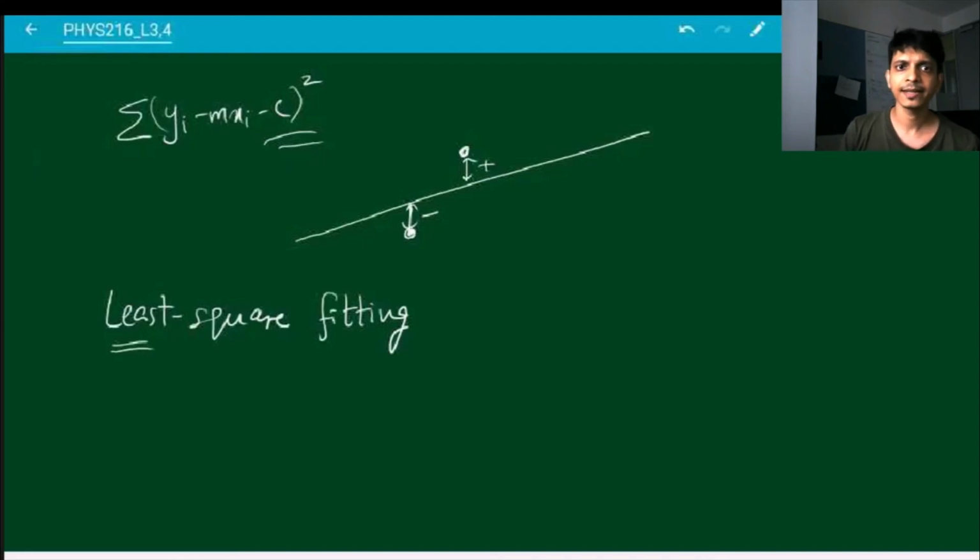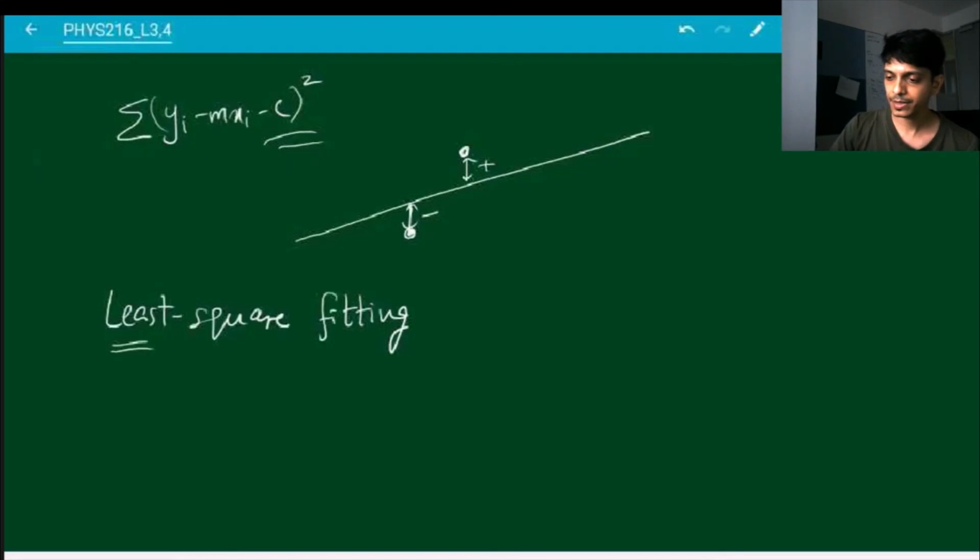You want to find the values of the coefficients which give you the best fit. In the same way, you define a chi-square, minimize it with respect to those parameters of your curve, and then you solve the equations that will tell you the best possible values for those parameters. So that is least square fitting to find the best fit curve.